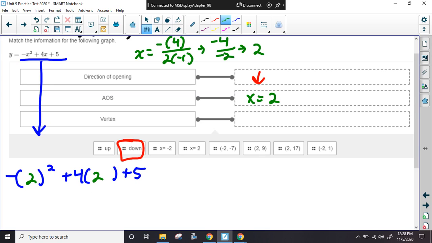When we do this, the negative on the outside of the parenthesis, squared, plus 4 times 2 plus 5. We end up getting 2, 9, because this ends up being 9, and we had x equals 2.